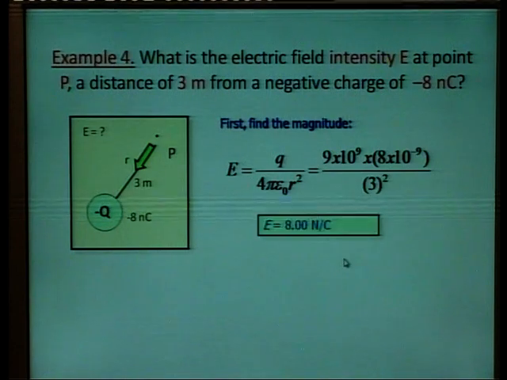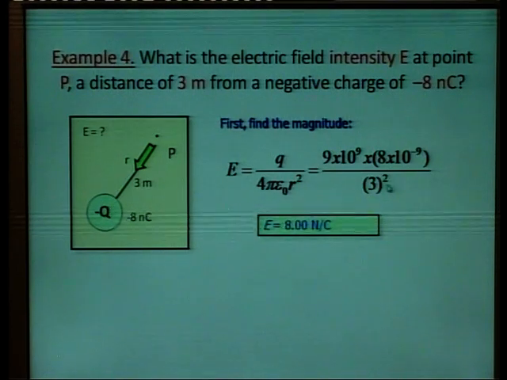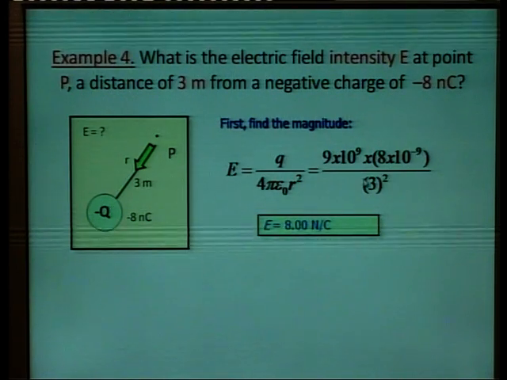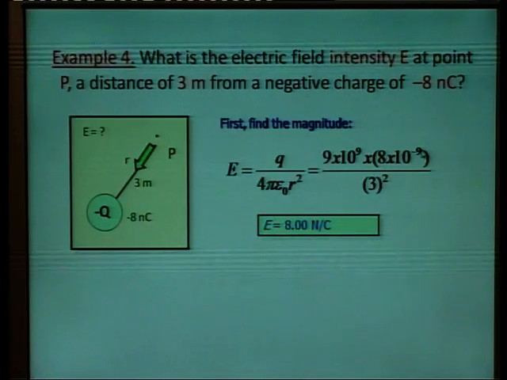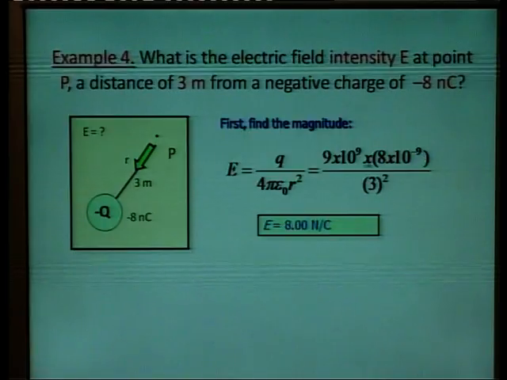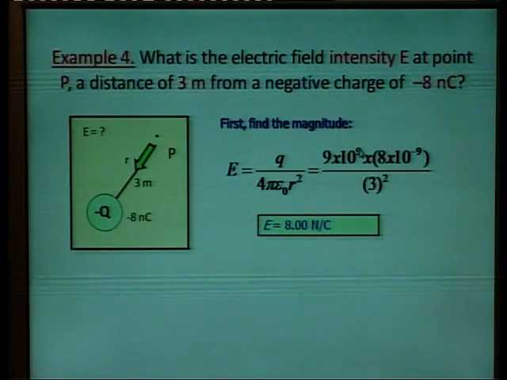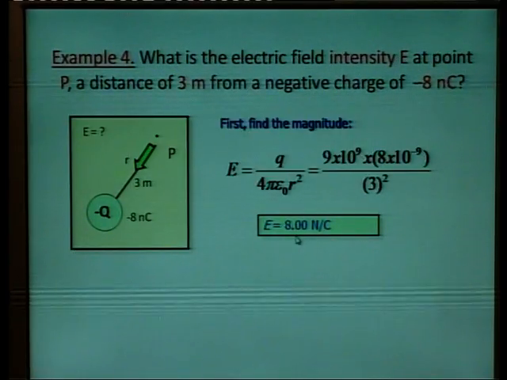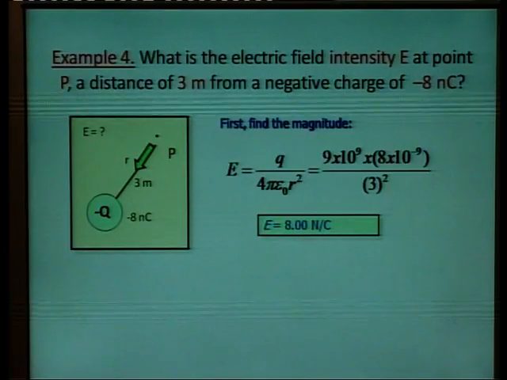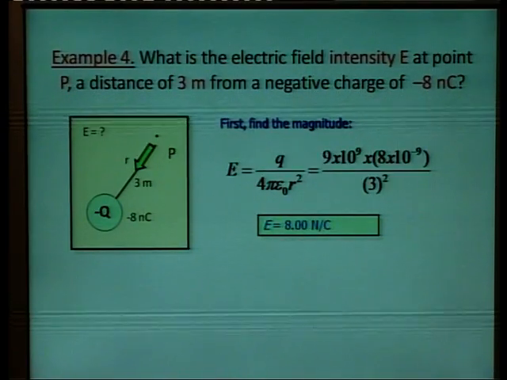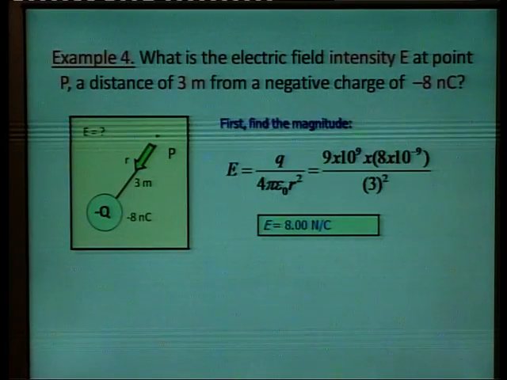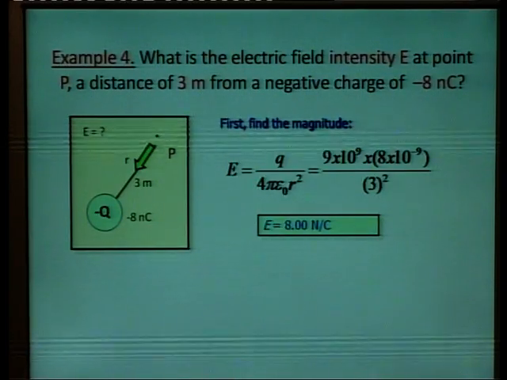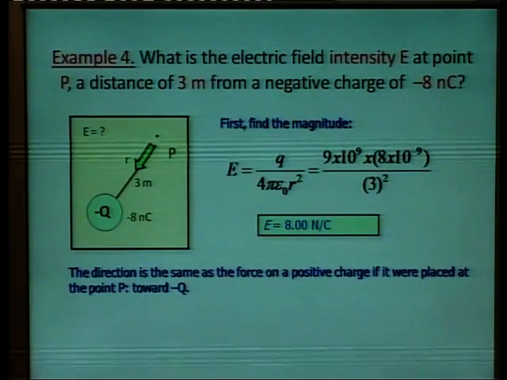So, 3 square. 3 square is 9, 9 and 9 cancel out, 10 to the power 9, 10 to the power minus 9, 9 minus 9 is 0, 10 to the power 0 gives you 1. So, your answer comes out to be 8 Newton per Coulomb. So, electric field intensity at point P due to this charge of 8 nanocoulomb is 8 Newton per Coulomb.